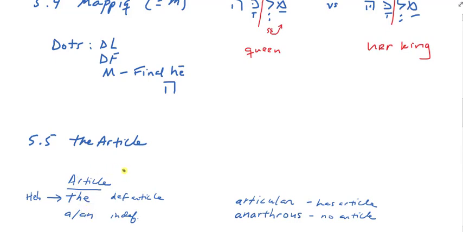Hebrew does not have an indefinite article. Hebrew only has a definite article. And so when we talk about the way to say "the" in Hebrew, when we talk about the definite article, really you could just say "the article" because there's only one article in Hebrew and it's definite. Okay?